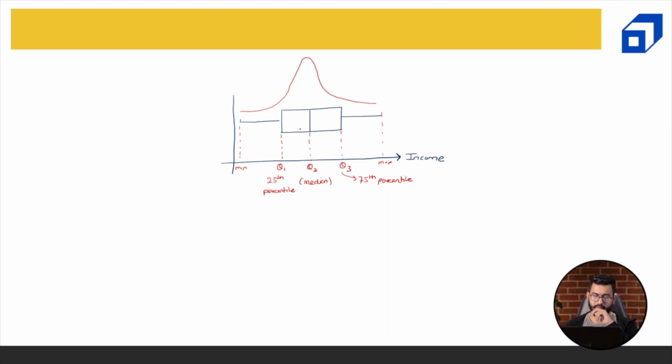This is a normal distribution. Basically it means that below this median point, I am having 50% of the customers. Above this point, I'm having 50% of the customers. Below Q1, I'm having 25% customers. Above Q1, I'm having 75% customers.